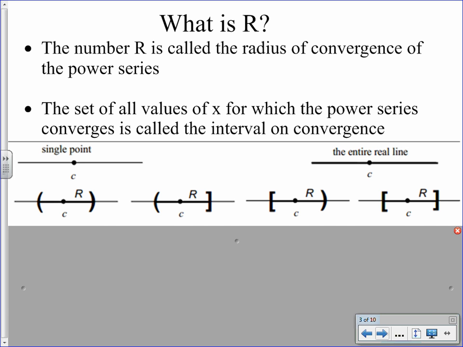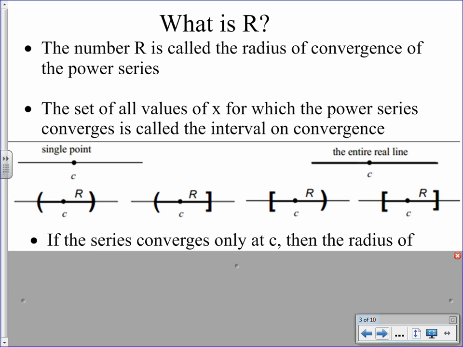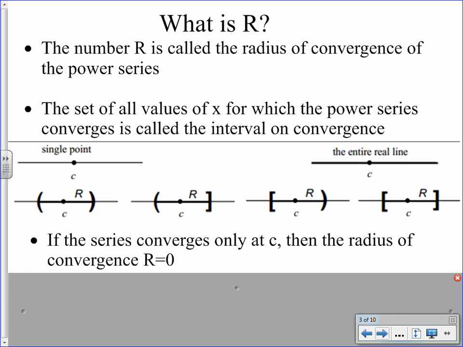How do we get to converge at only C? What would our radius of convergence need to be? 0. So if your radius of convergence is 0, you're only converging at the center. What would our radius of convergence be if we wanted to converge everywhere?